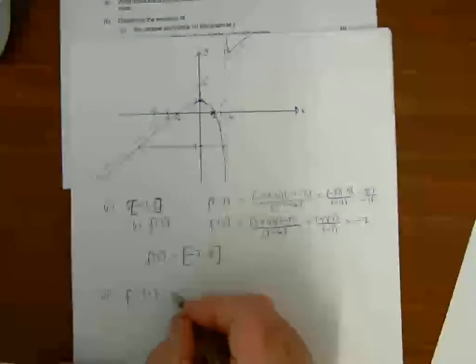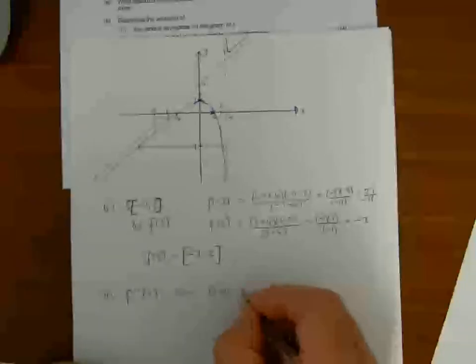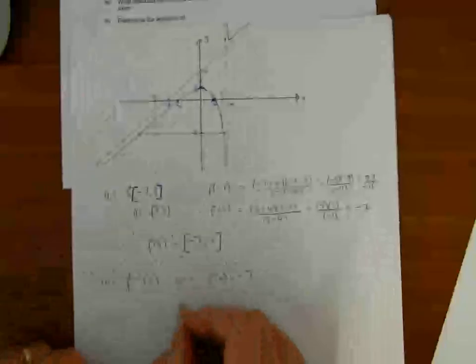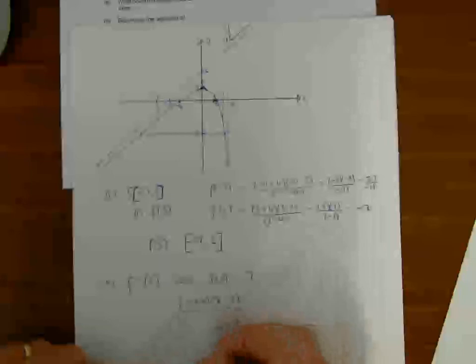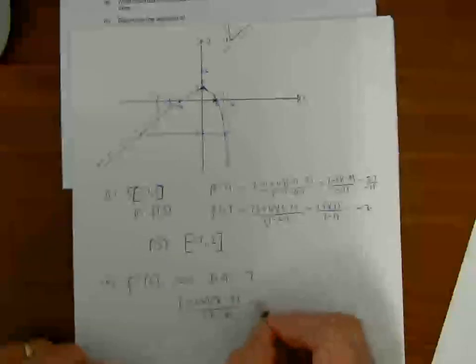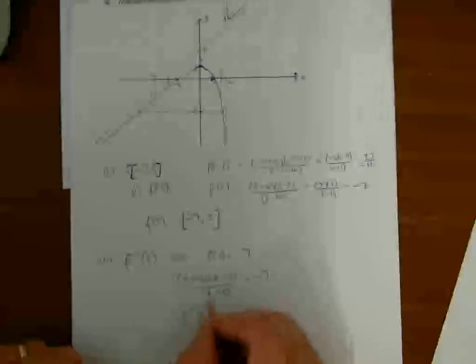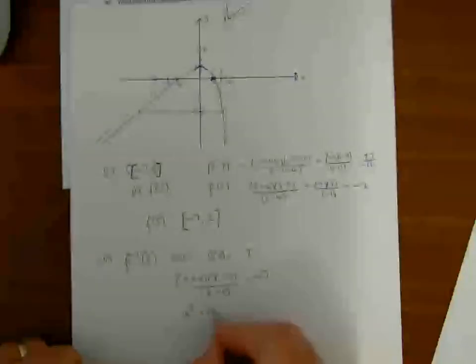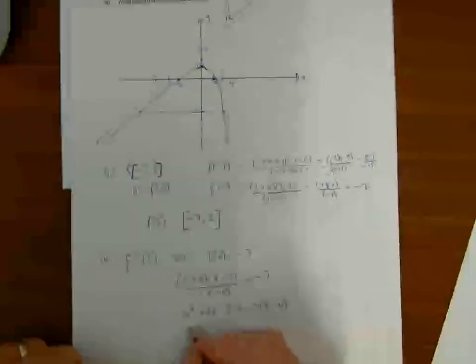So I need to solve f of x equal to minus 7. So I'm solving x plus 4, x minus 2 over x minus 4 equals minus 7. Expand that out: top line, x squared plus 2x minus 8 equals minus 7 bracket x minus 4.